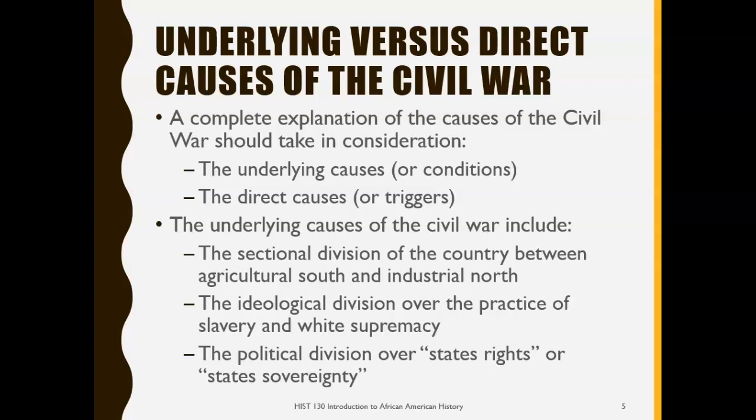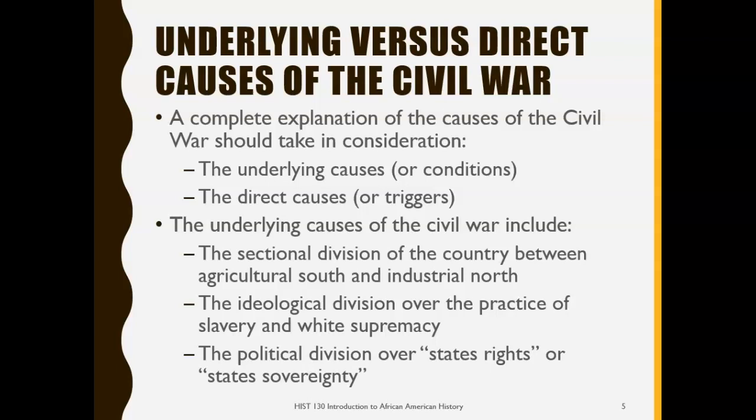So these underlying causes include, in a nutshell, the sectional division, the geographic division between the northern states, which happen to be more industrialized, and the southern states, which were more agricultural and had to rely on slavery.